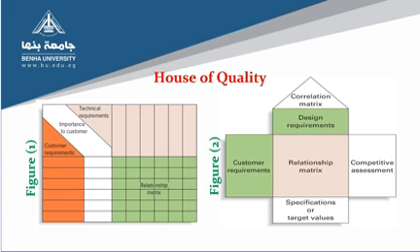This can reveal conflicting technical requirements. Note that with additional features, the set of matrices have the form illustrated in Figure 2. It's often referred to as the house of quality because of its house-like appearance.